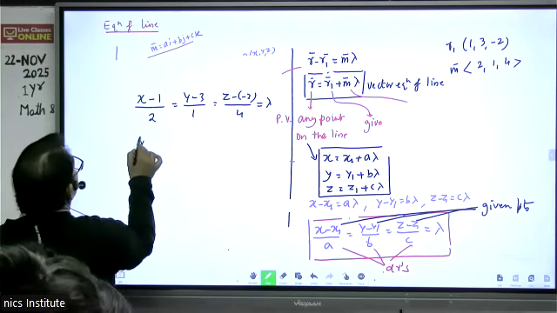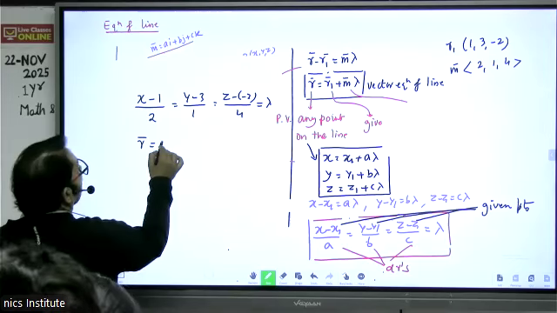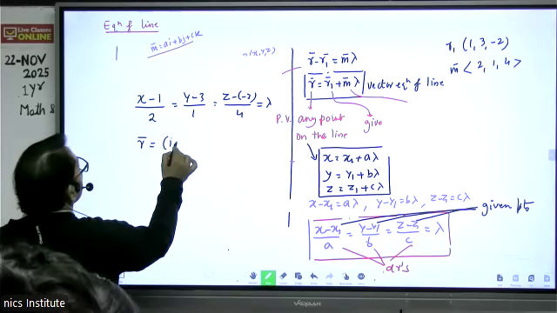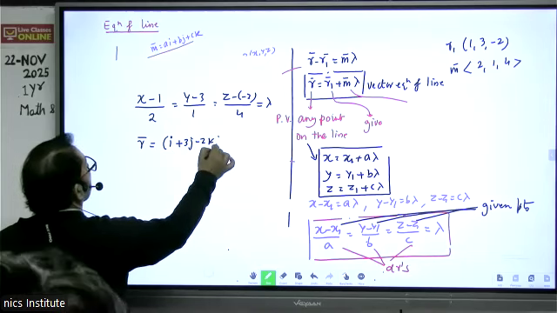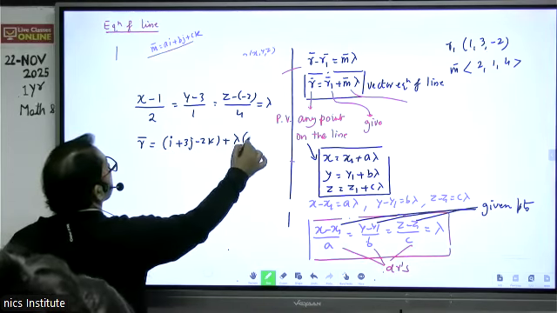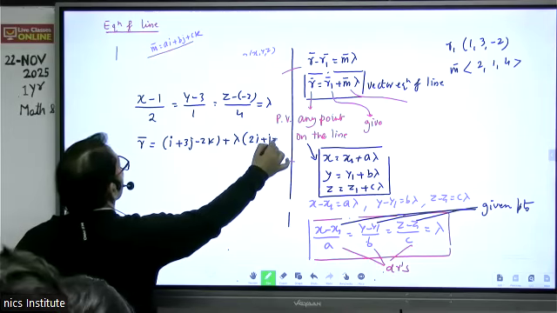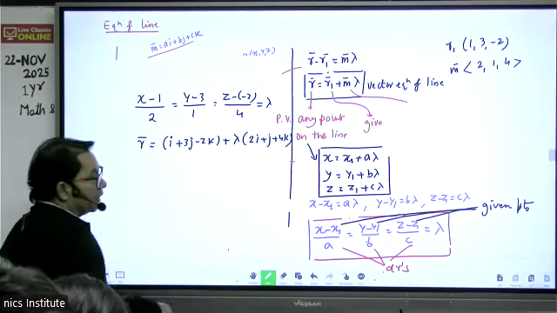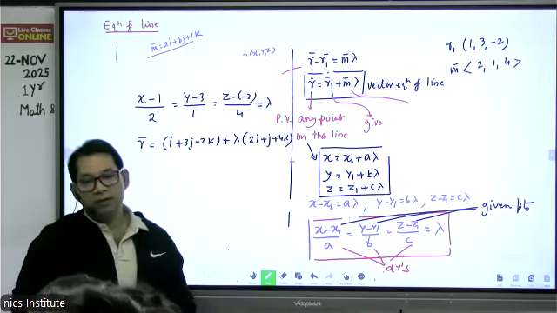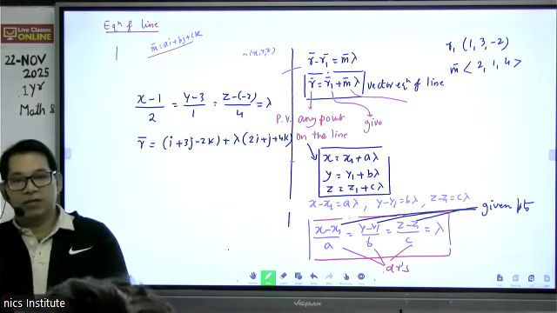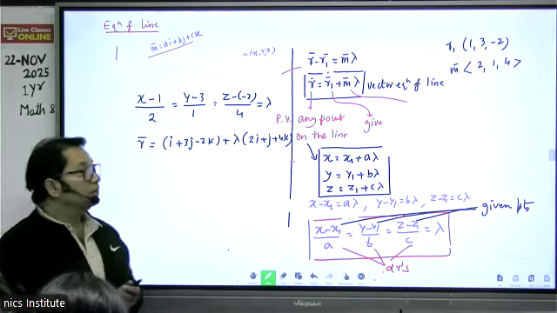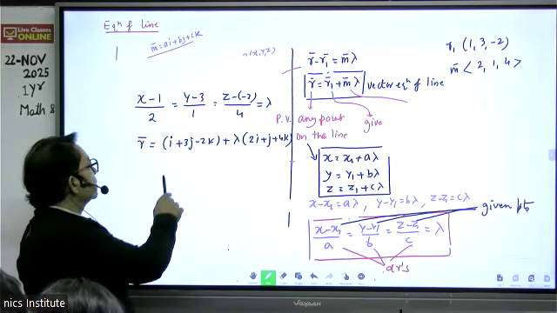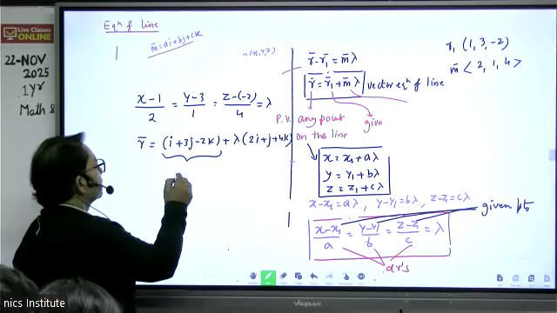And vector equation क्या होगा? R is equal to r1. R1 हो जाएगा 1i plus 3j minus 2k. And lambda times m. M is 2i plus j plus 4k. So that is the vector equation. They are convertible. वेक्टर से Cartesian आ जाएगा, Cartesian से vector आएगा. The term which is without a constant, that is the point always.